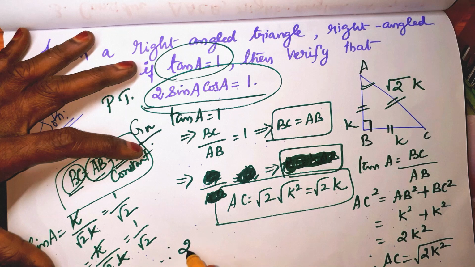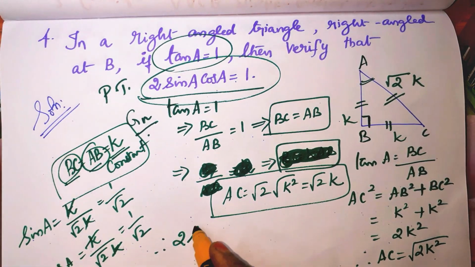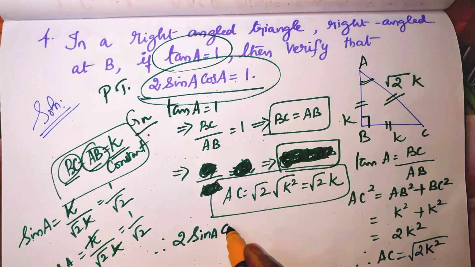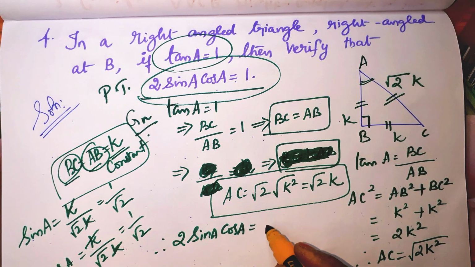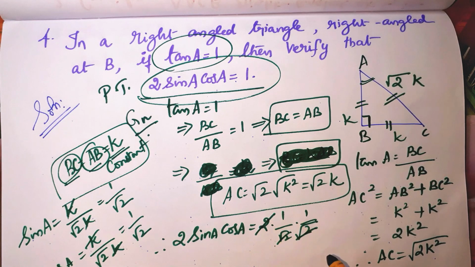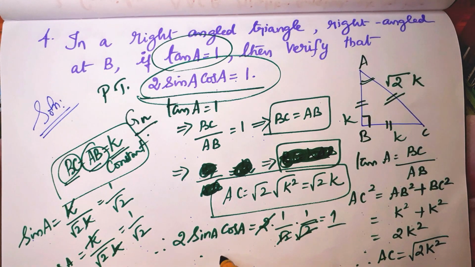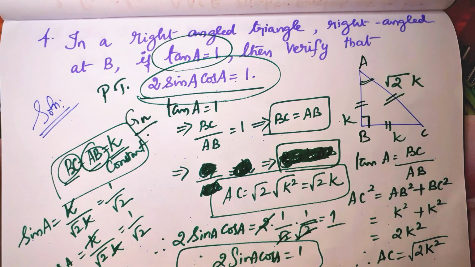Therefore 2 into sine A cos A is equal to 2 into 1 by root 2 into 1 by root 2. Root 2 into root 2 is 2, we can cancel with this. So finally it is 1. Therefore we have proved 2 sine A cos A is 1. Is it clear?